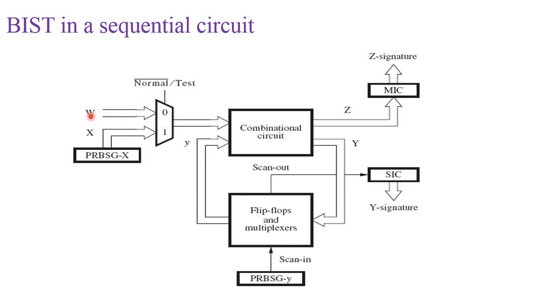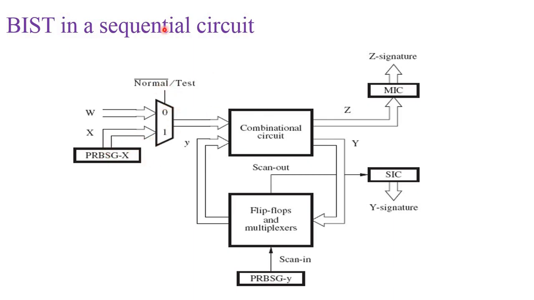W is the externally applied vector, and this is a PRBS, a pseudo random binary sequence generator, which can be represented by X. So under normal operation, the externally applied bits W are passed through. In test generation, the pseudo random generated vectors are applied through the multiplexer.